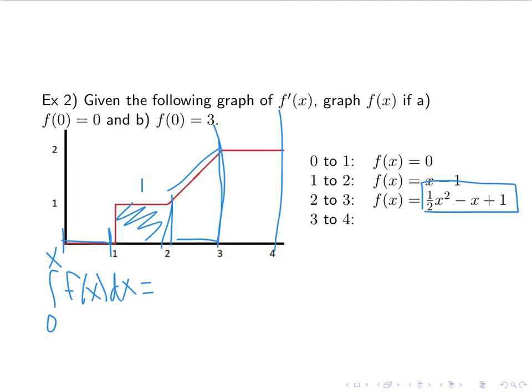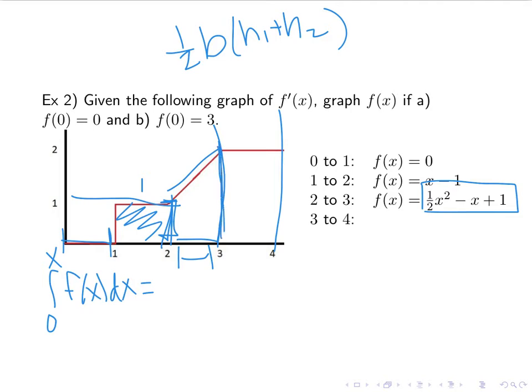And I know the area of a trapezoid is 1/2 base times height 1 plus height 2, since our trapezoid is kind of on its side. So I'm going to interchange my base and my heights. So my base is 1. My height 1 is 1, this guy here.